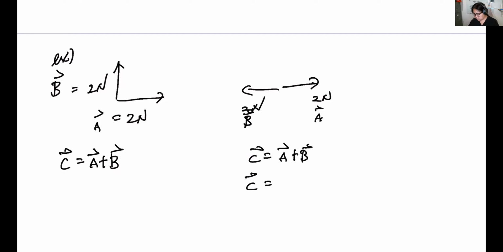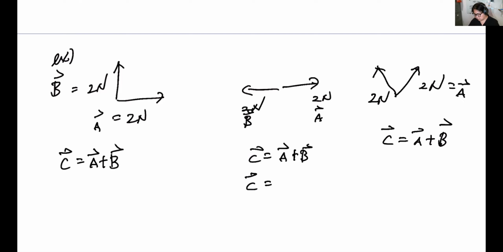It's the same: take 2 Newton and 2 Newton. I could have a 2 Newton pointing this way, another 2 Newton pointing in this way. What's this? Are they all going to be 4 Newton?